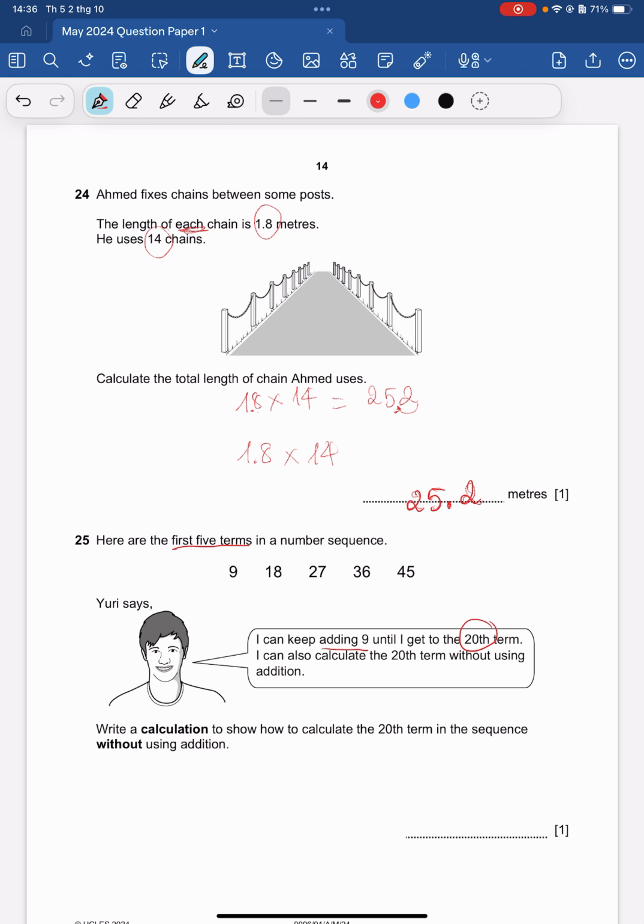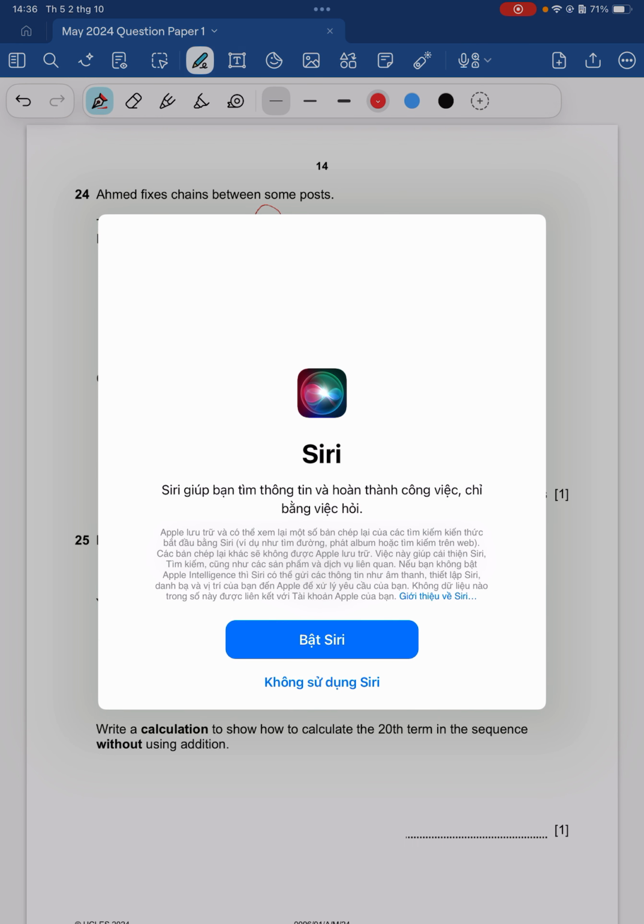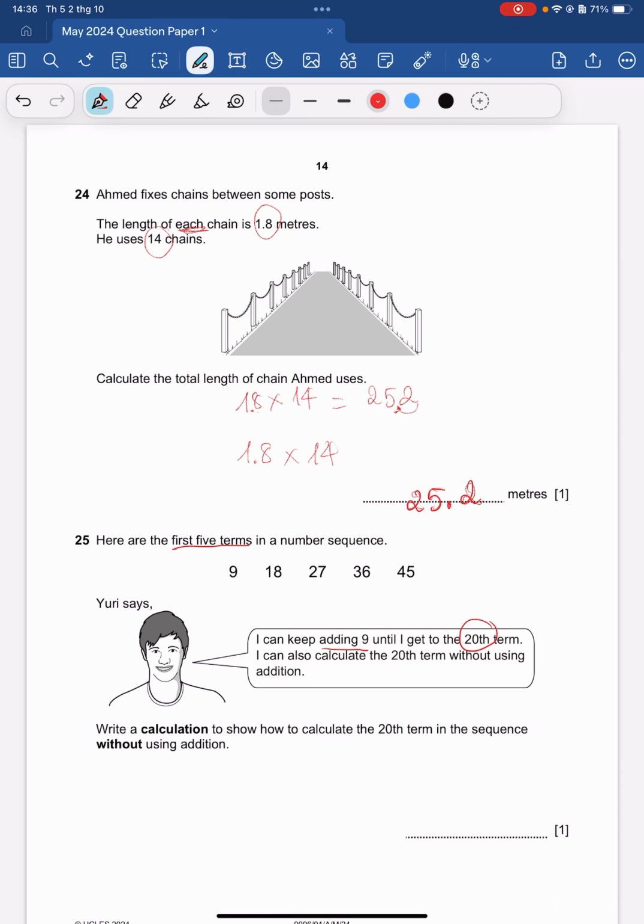Yeah, okay, of course. We can use only one calculation without addition, not a lot, right? We need to do a lot of steps to get the answer.